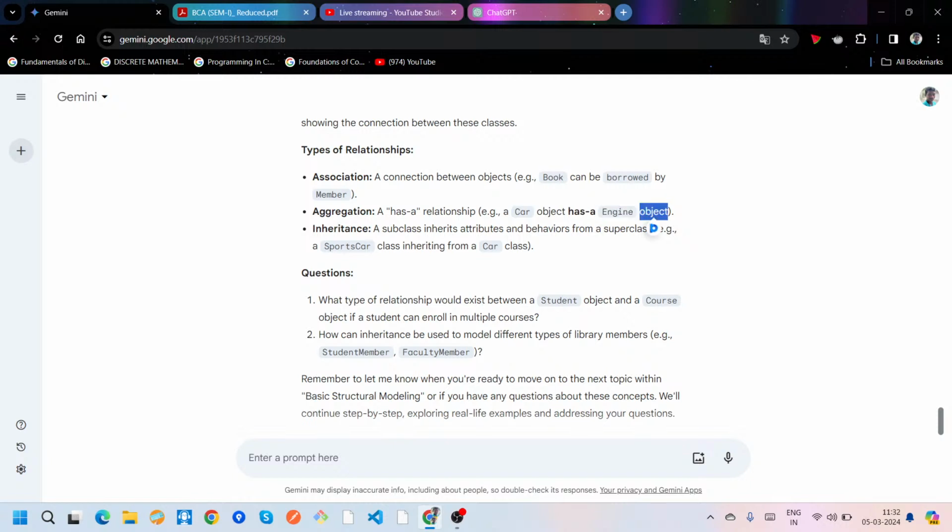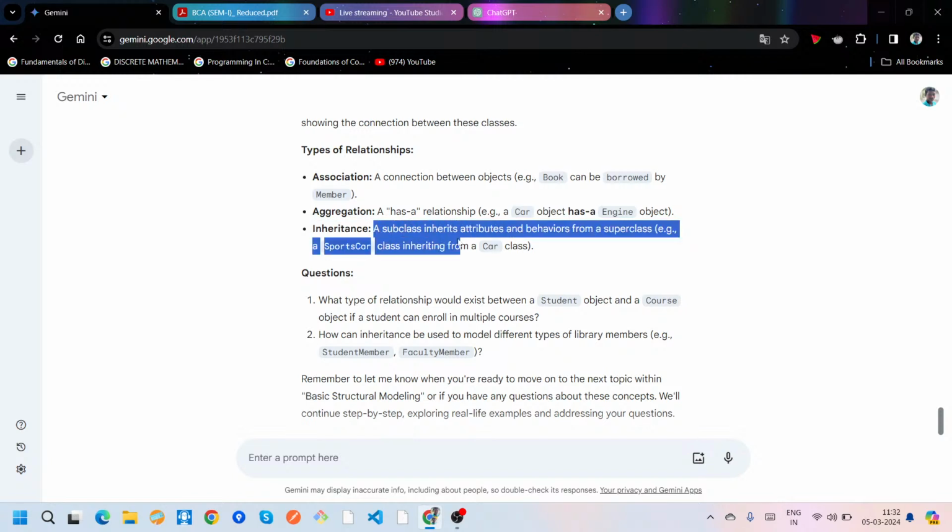Then inheritance means a subclass inherits attributes and behaviors from a superclass, for example a sports car class inheriting from a car class.